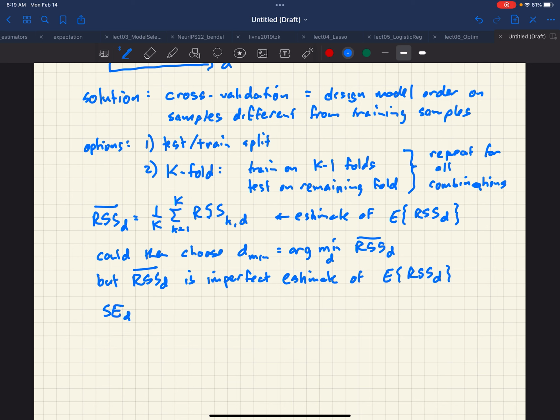So for the one standard error rule, we would choose this one. Okay. And yeah, just want to emphasize over here, this is the simplest model. So sometimes when we do our optimization over a variable like alpha, where larger alpha means a simpler model, then we have to take that into account. We would be looking for a maximum D, or maximum alpha.